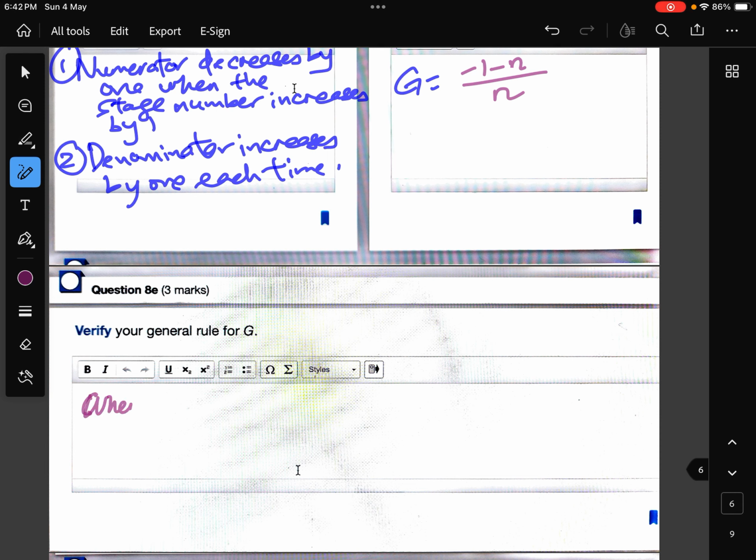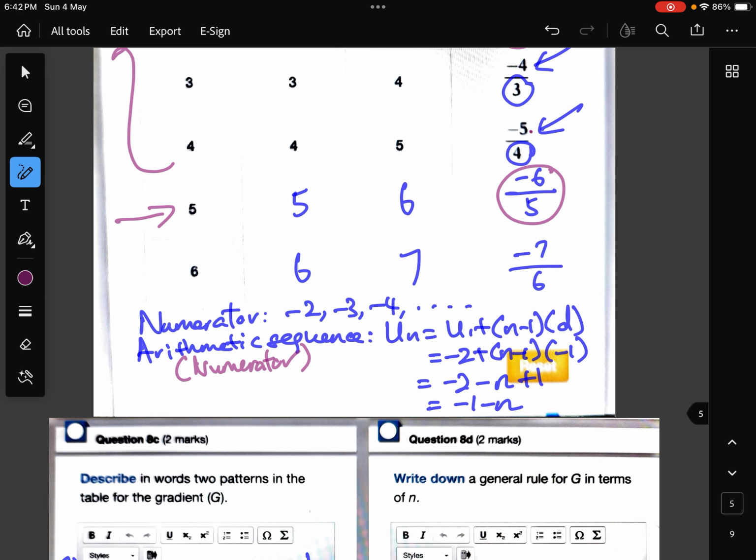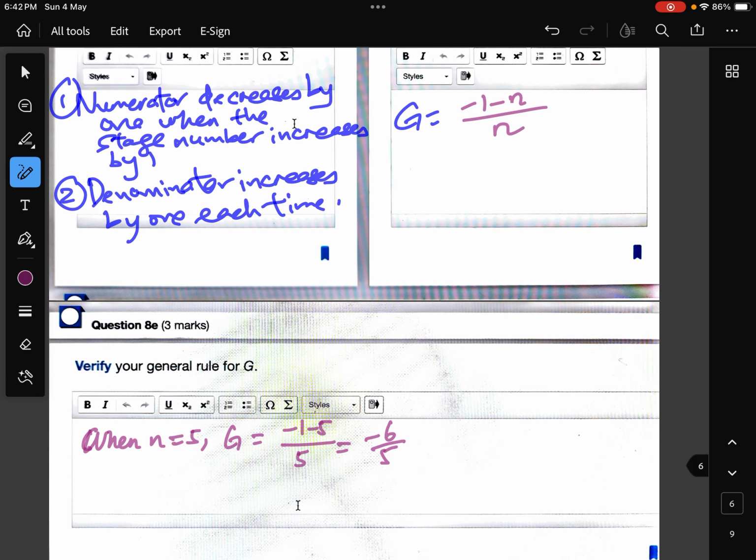So I'm going to say when n is 5, my gradient is actually -1 minus 5 over 5. That's -6/5. Okay, and knowing that this number is the same as this, since this matches the value in the table, my rule is verified.